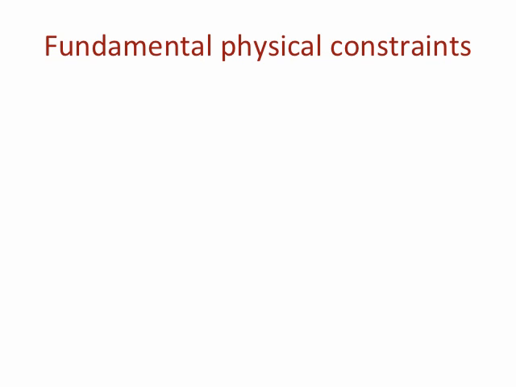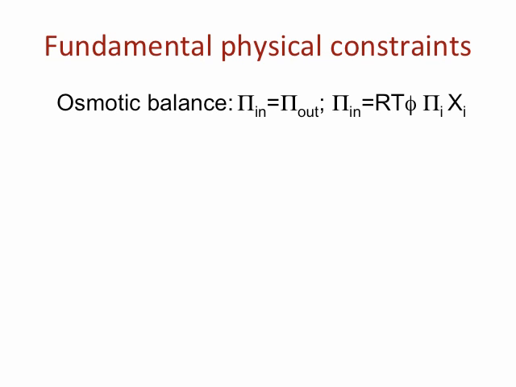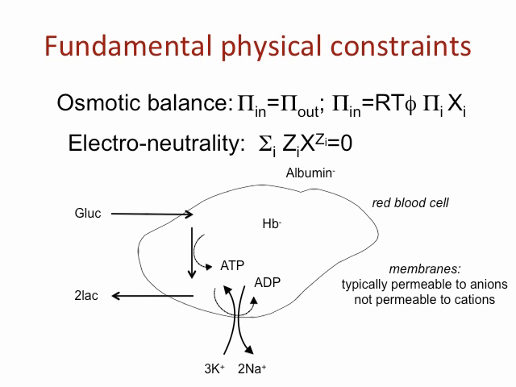There are other assumptions we make that are based on osmotic balance and electron neutrality. A cell, like the red blood cell, for instance, that is floating around in our bloodstream, experiences osmotic pressures. It has to balance osmotic pressure.